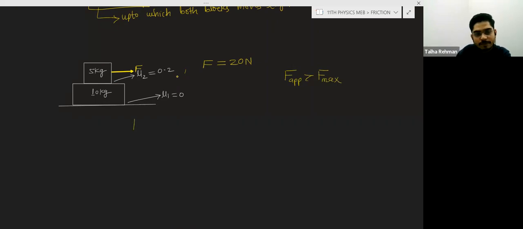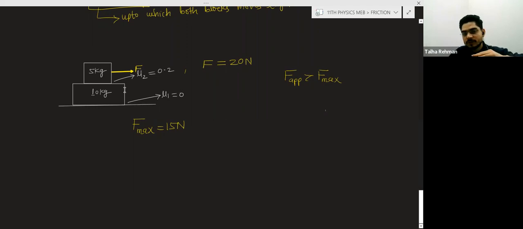What is the maximum force we have got for this case? 15 Newton we got. If the applied force is greater, then there will be the relative motion that I have shown. This block will move alone.